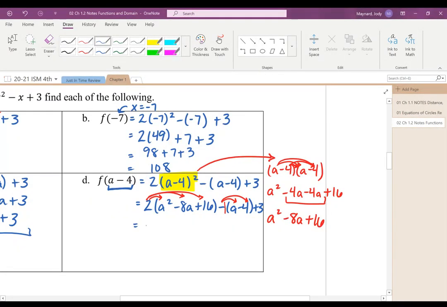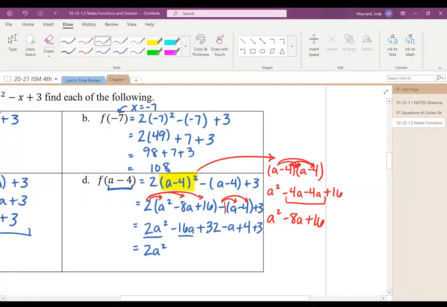So this gives me 2a squared minus 2 times negative 8a is negative 16a. 2 times 16 is plus 32. Distribute. Negative 1 times a is negative a. Negative 1 times negative 4 is plus 4, plus 3. All right, combine like terms. A squared is the only one: 2a squared.